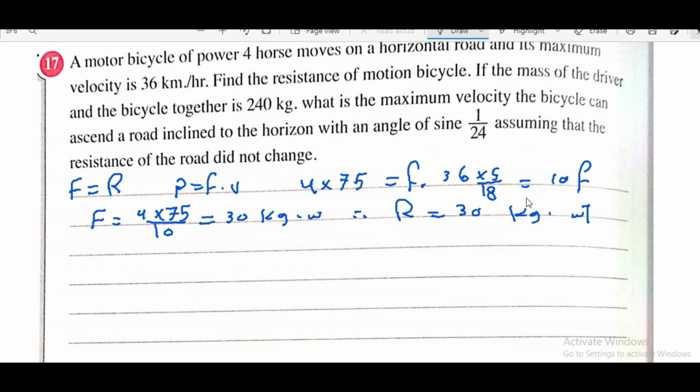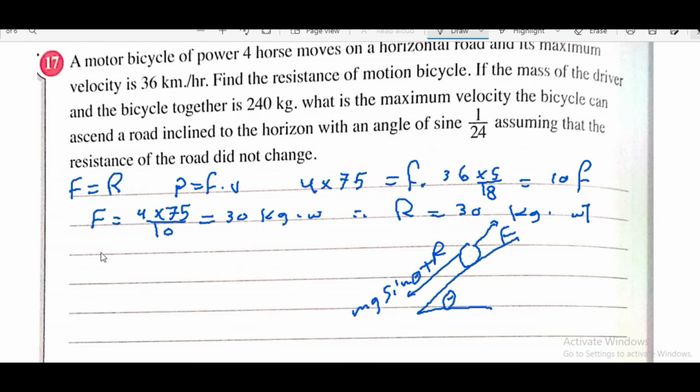On the inclined plane with angle theta, sin theta 1 over 24, we have mg sin theta plus R resistance, because the particle moves up. Therefore F, or you can call it F dash. F dash will change. F on the horizontal plane is not equal F on the inclined plane. F equals mg sin theta plus R.